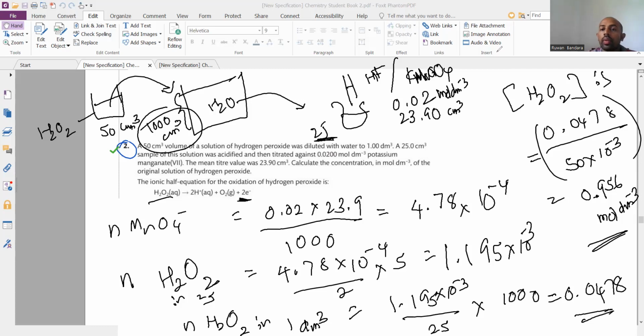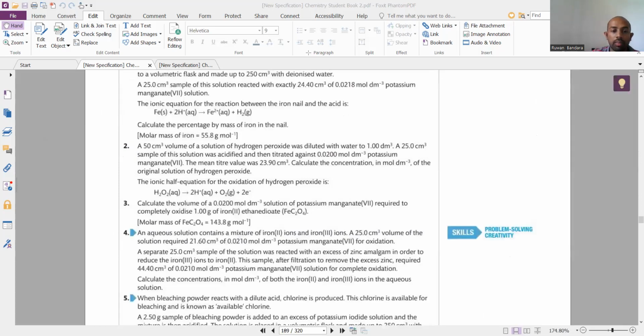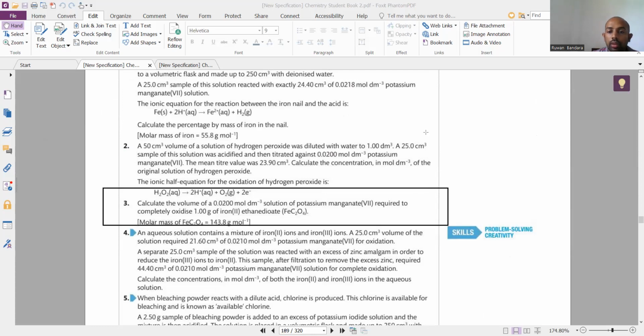Okay, so I did 2 titrations and 2 calculations from those. And this one is homework, question number 3. We'll discuss the remaining in the next class. Any doubts from the part that we learned today?